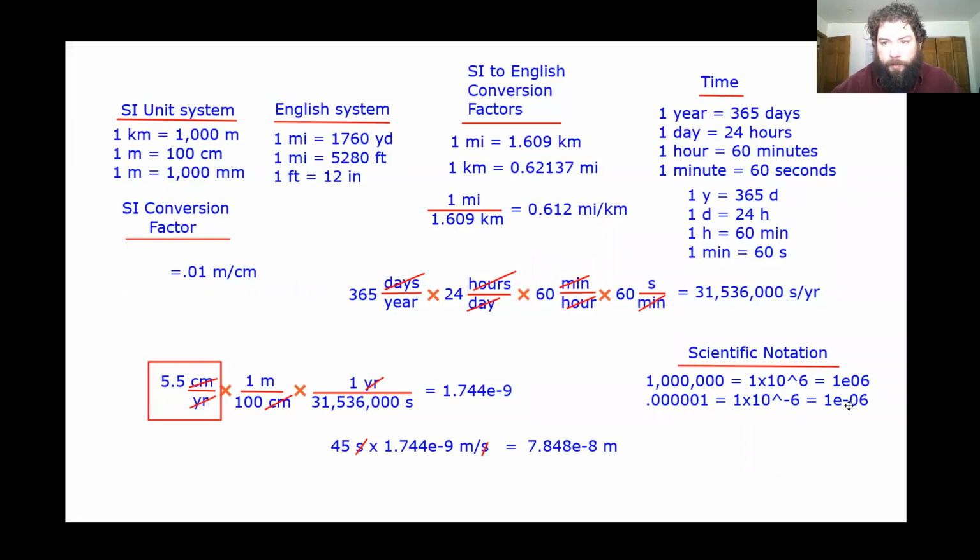I saw a few people, instead of putting it in this scientific notation, did it decimal-wise. And you do this for positive too. So say a million would be 6 zeros. That'd be 1 times 10 to the 6th, and that's the exponent. That's what the E stands for, exponent. So you can put it in this way.